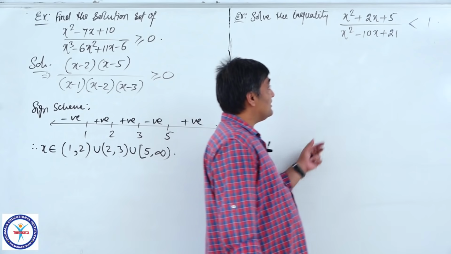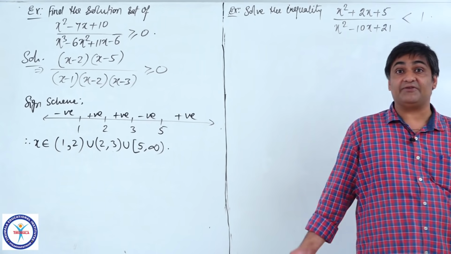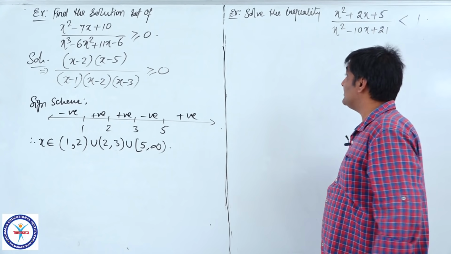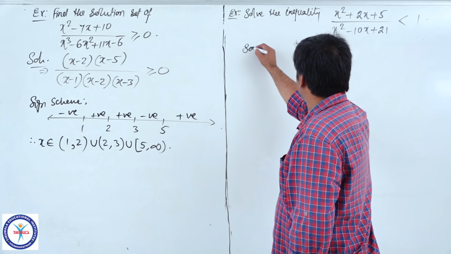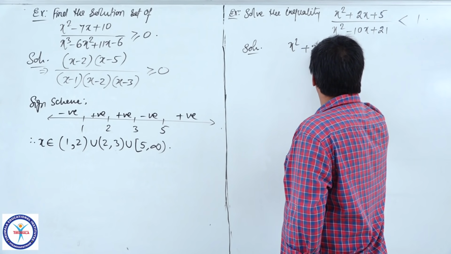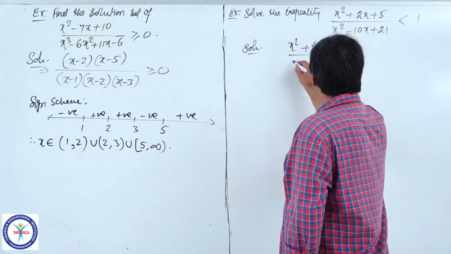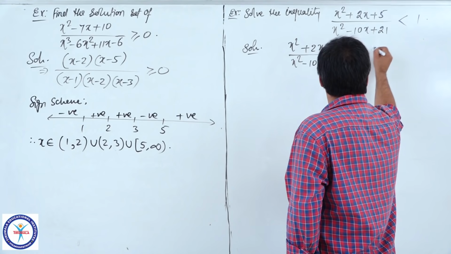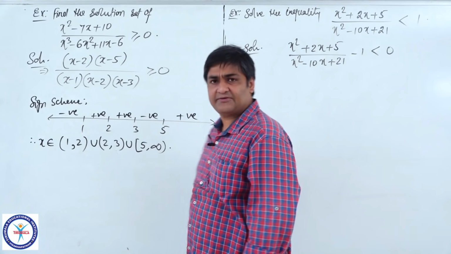This method does not tell us whether the expression is greater than 1 or 2, less than 5 like this. So we can always relate this inequality to 0, by writing like this, minus 1 less than 0.